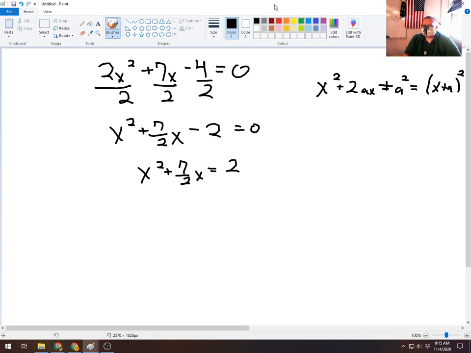So if I say these two terms are equal, I'm saying 2ax is the same as 7 over 2 times x. So again, to get a by itself, divide both sides by 2x. The x cancels. 7 over 2 divided by the 2 is the same as 7 over 4.